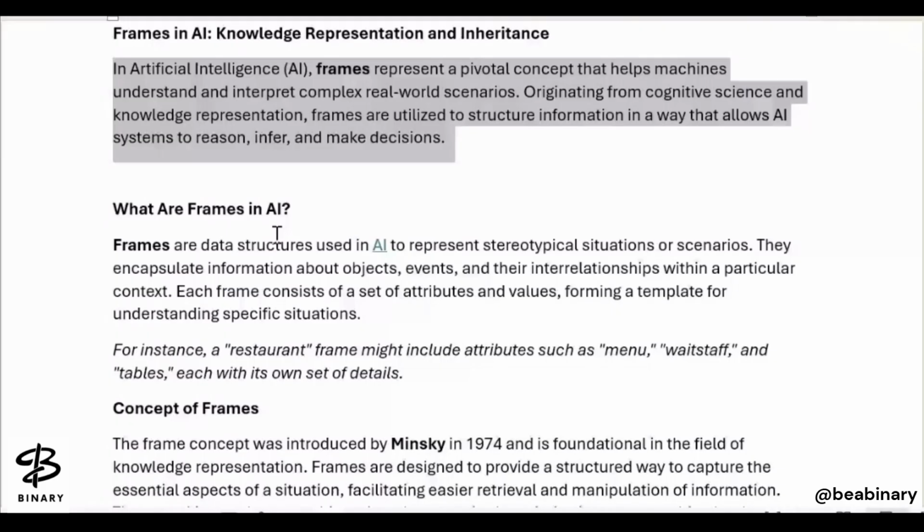So we are just talking about the overview, because we are talking about the encapsulation technique, about the information about objects, events, and their interrelationships. Encapsulation is simply the binding of data, just the name of the data we know here.